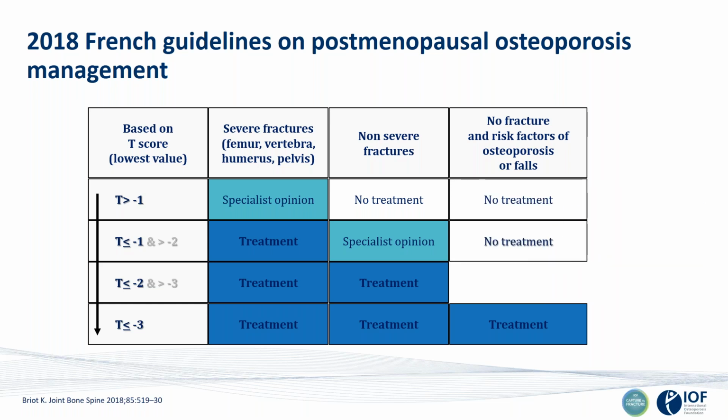Above -1, no need for treatment, and between -2 and -3, probably it's good to have a bone specialist opinion. So it's the -1, -2, -3 guidelines, very easy to remember, and three different clinical situations to deal with.